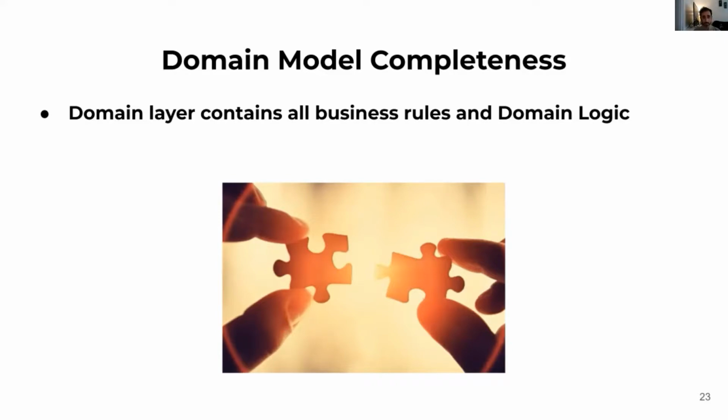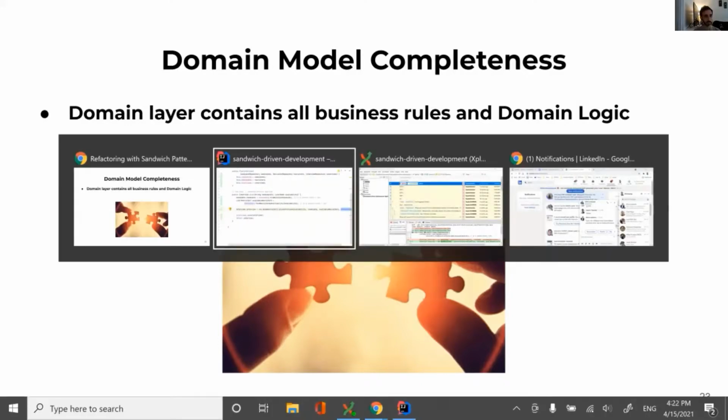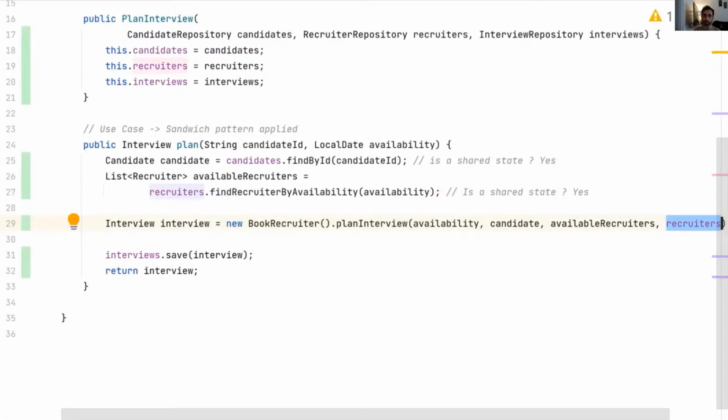Why? Because we have some business rules which exist in other parts of our code that we should move and put in the domain layer. Does anyone have an idea about these business rules that are somewhere else?